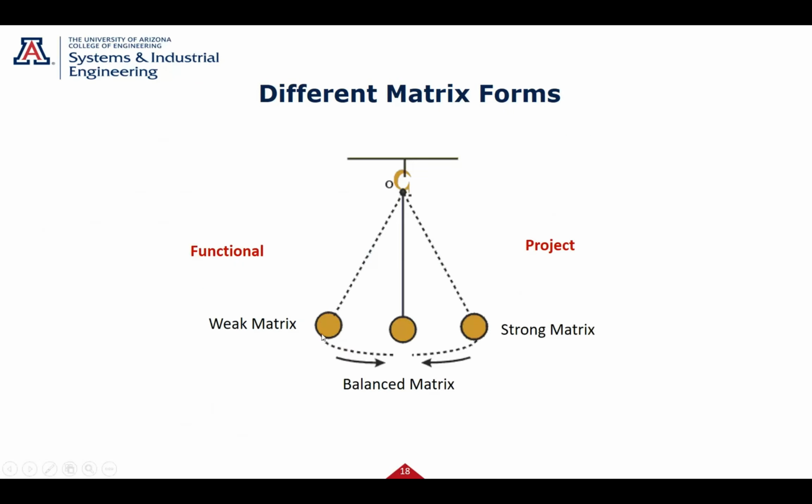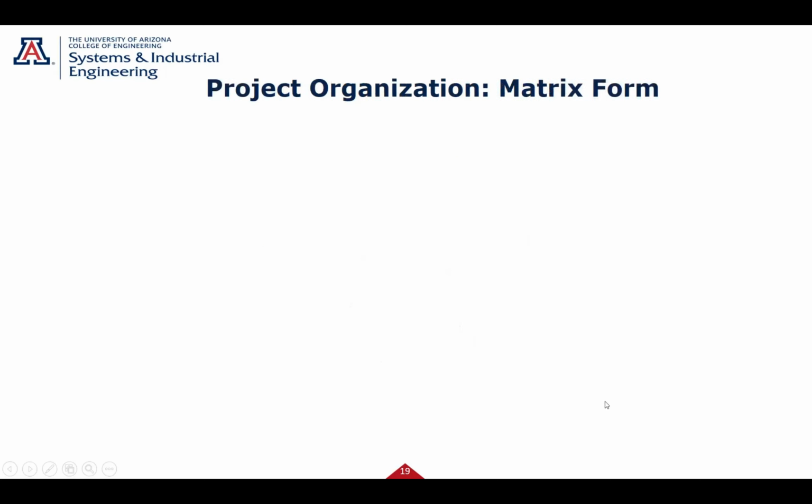And so here it is, like I say, here's just showing it pictorially. Weak is more functional dominated, strong is more project dominated. Can we achieve a balance where project and functional kind of have a nice balance in getting the project done? But that's where you'll hear these three types of matrix forms.